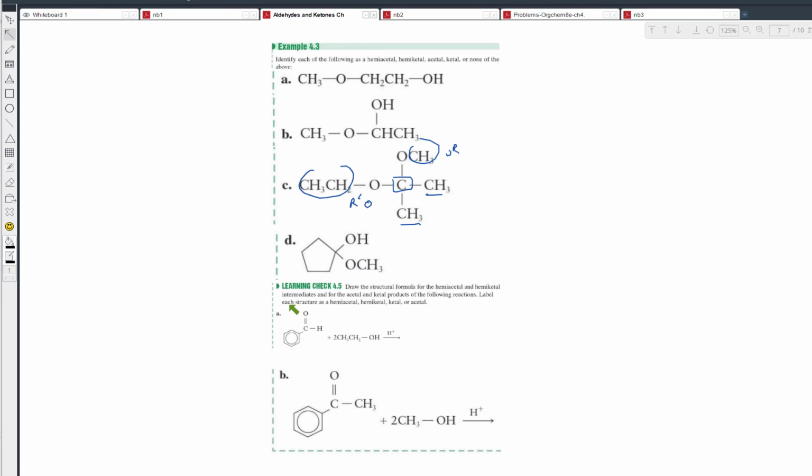What about this one, D? I know it's got to be a hemi. I'm just trying to think. You're right, it is hemi, but what?